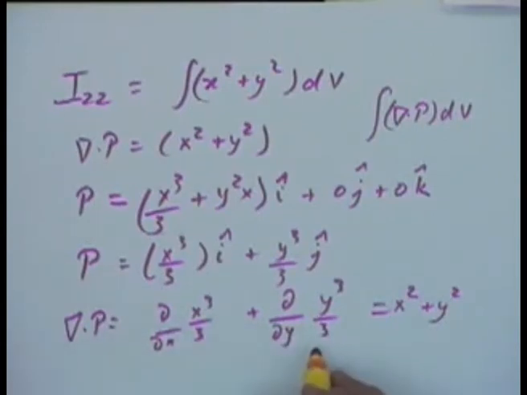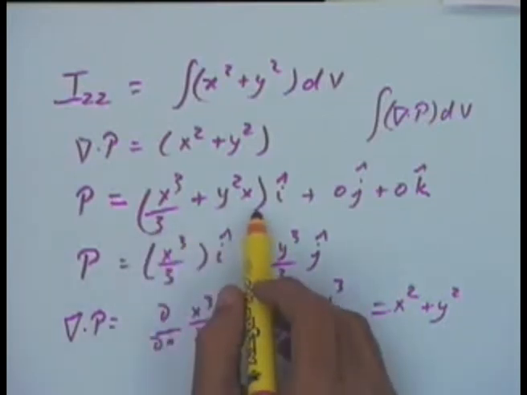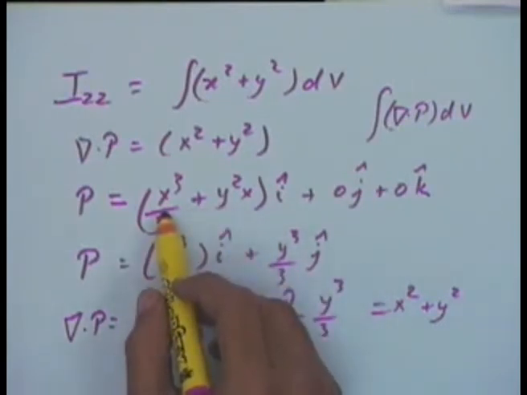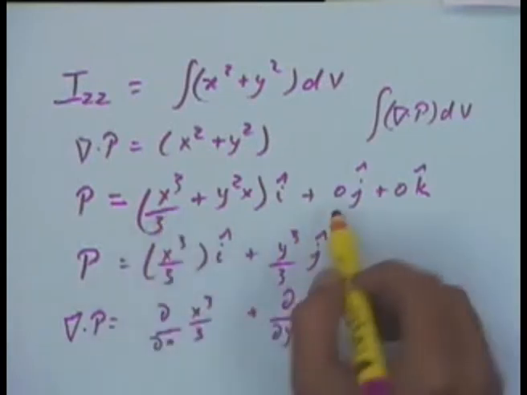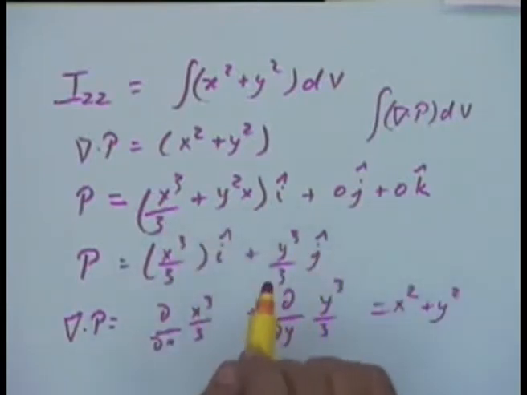In what? In this? You have to differentiate this term with respect to x. So this will give you y square, this will give you x square. You have to differentiate this with respect to y and this with respect to z. So you will still get x square plus y square.